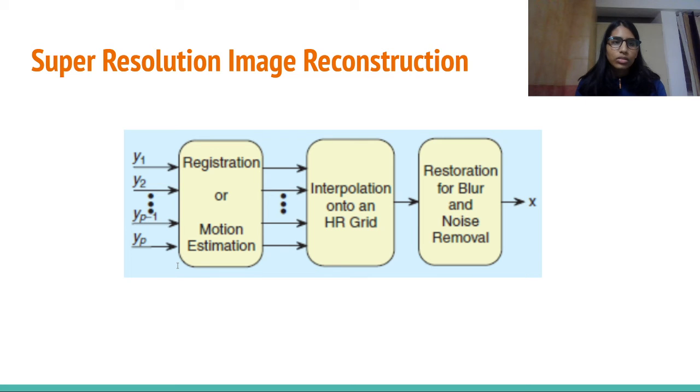Now we have low resolution images, and then using non-linear interpolation, we map them onto the high resolution grid. Then the high resolution image is restored for blur and noise. Now this procedure can also be done in the frequency domain, but it does not give good results and hence we do not use that.